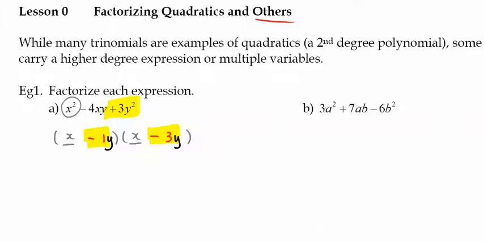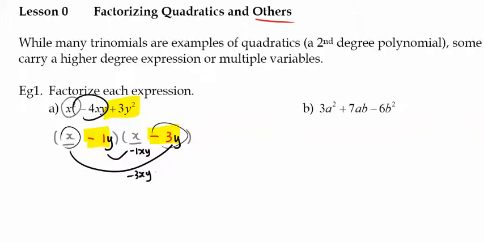And when you double check, the inside and the outside do give us negative 4xy in the middle. For the inside, negative 1y times x will give us negative 1xy. And for the outside, x times negative 3y, they do give us negative 3xy.